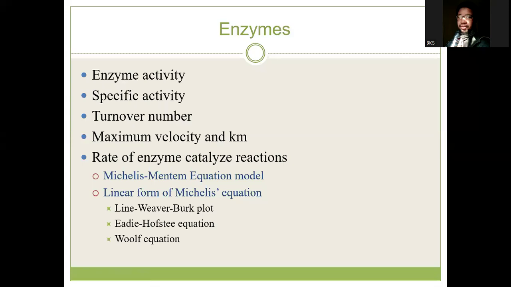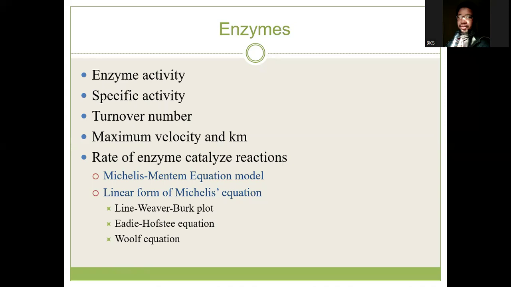So, discussing enzyme activity, we'll be talking about the speed, how fast an enzyme converts a substrate or reactant to a product, which simply means the rate at which an enzyme converts a substrate to a product. Simply, this is what we call the enzyme activity.